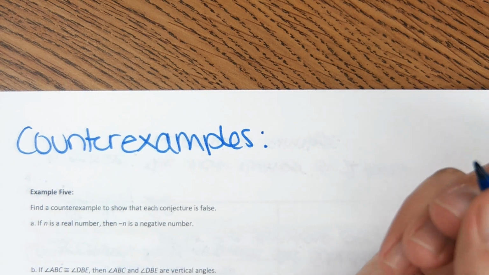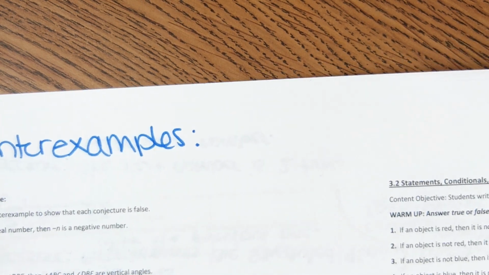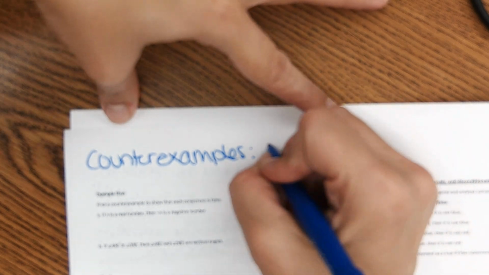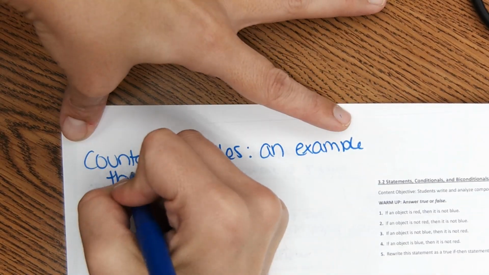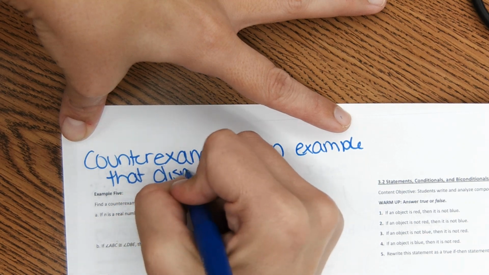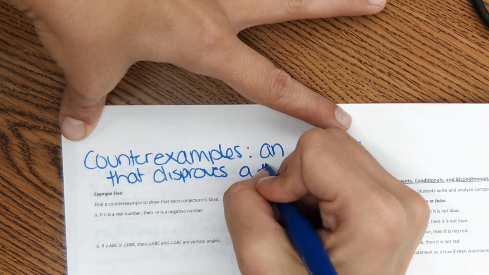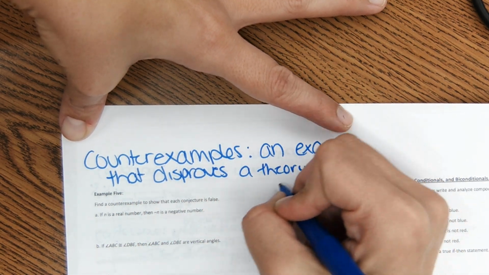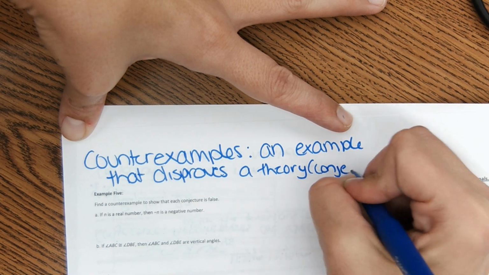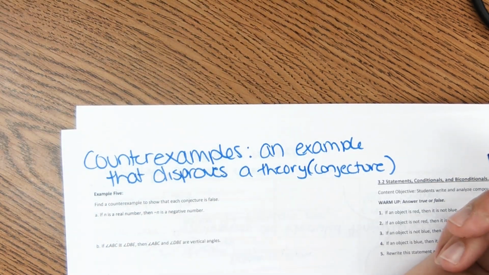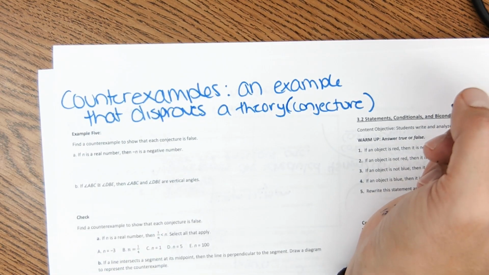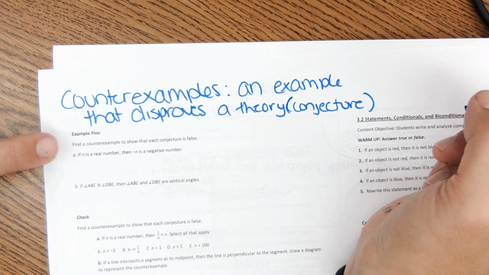A counterexample is an example that disproves a theory or a conjecture. Just put that in. So we made our educated guess, but what if our educated guess is wrong? A counterexample would prove that it's wrong.